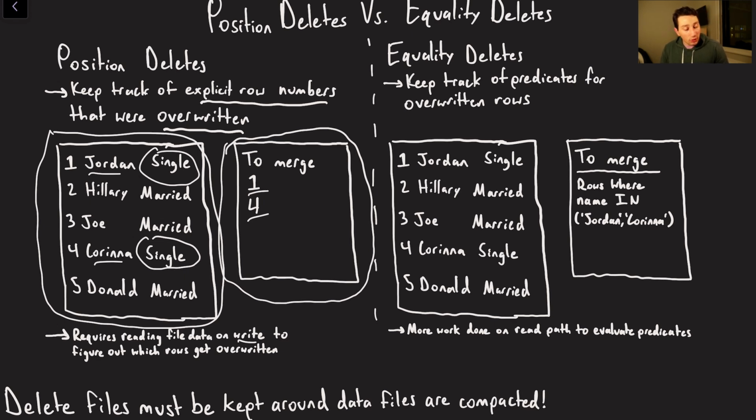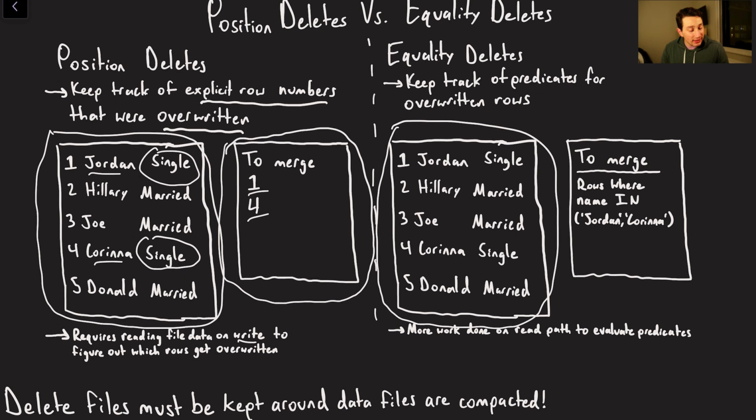As far as equality deletes go, same idea, but instead of explicitly listing out the row IDs where we have overwritten data, this time we don't have to read this file when we overwrite certain rows of it, or we don't have to read the entirety of it. The reason being, we just keep track of the actual predicate itself.